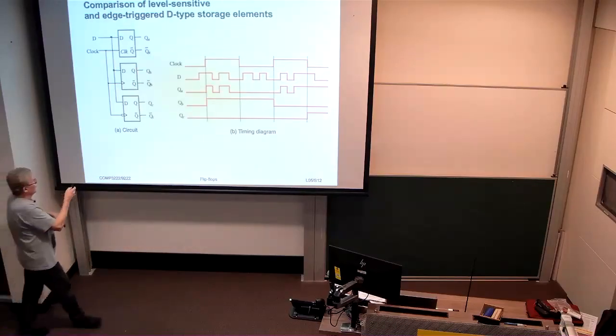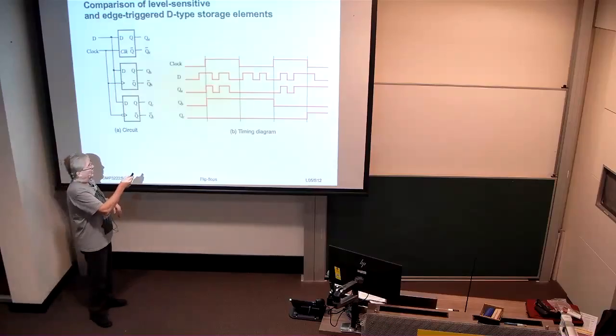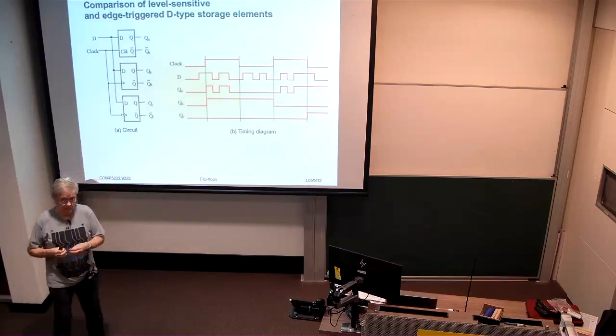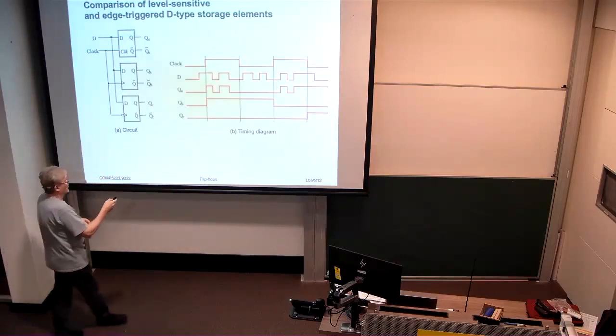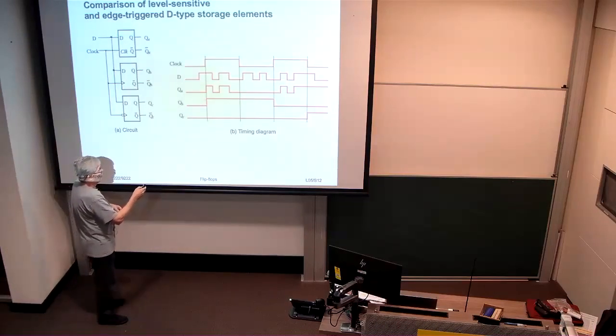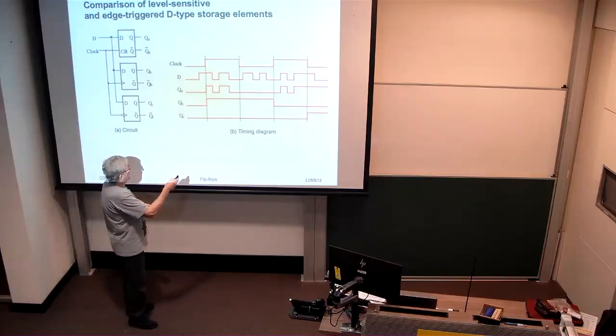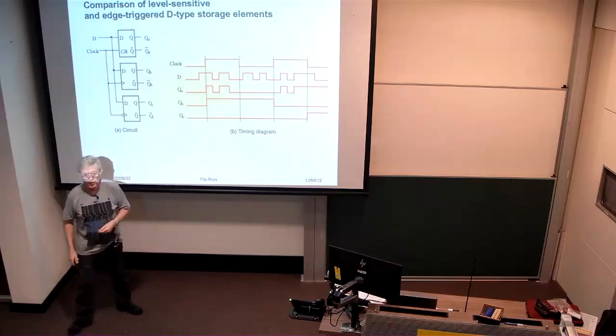The positive edge-triggered flip-flop only cares about what the state of D is when the clock signal rises. So D is high here, and therefore we see QB going high. When the clock goes high again over here, we see D is low, and therefore QB goes low.